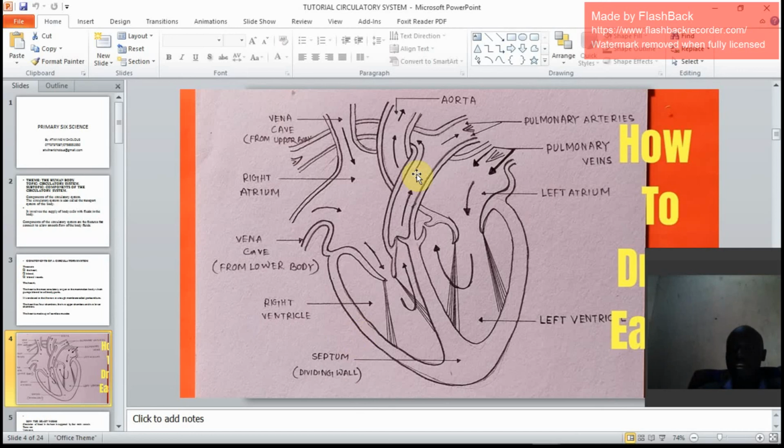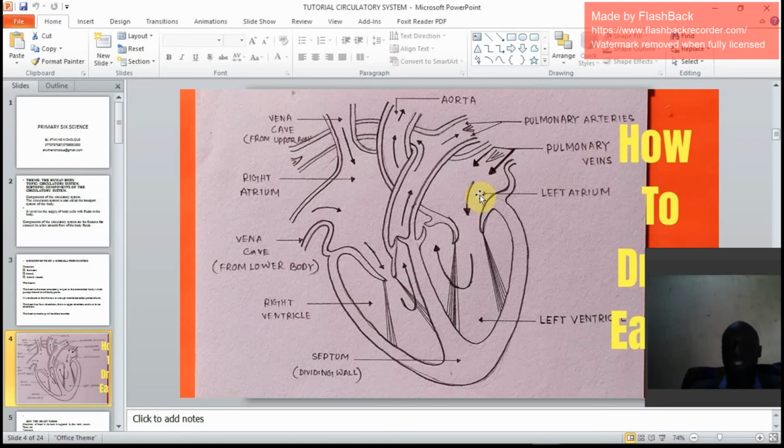It goes to the lungs, which are connected to here. Why does it go to the lungs? It goes to the lungs to pick up oxygen and drop carbon dioxide. Now blood will enter; you can see these arrows. Blood from the lungs, which will be called oxygenated blood, will pass through the pulmonary vein and enter the heart again.